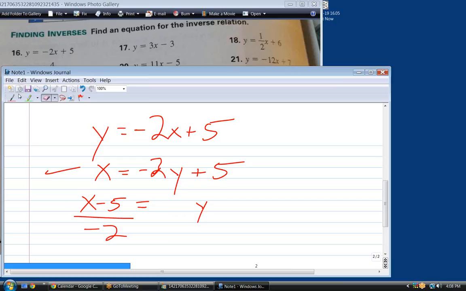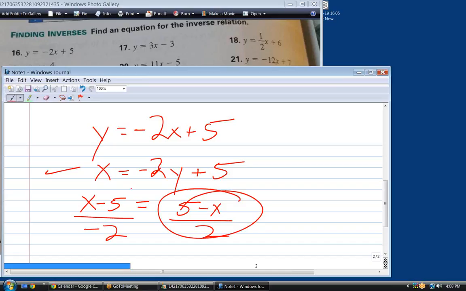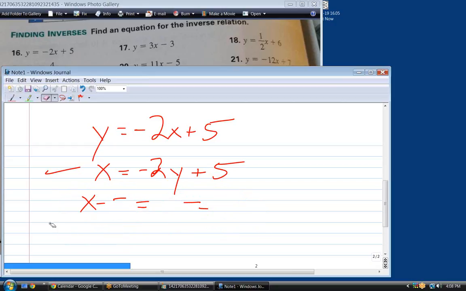Now, I could write that another way if you like. In other words, that's the same as 5 minus x all over a positive 2. That's maybe a slightly better looking answer, but this is certainly the same thing and the correct answer. So that's all we do, is we switch the variables and we solve for y.